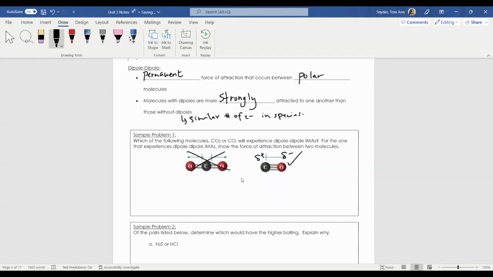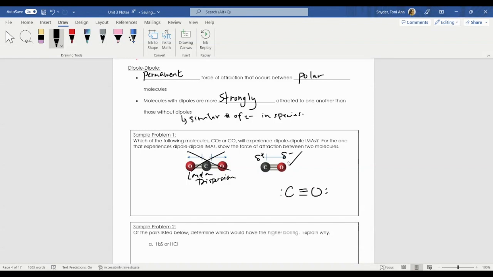Those dipoles cancel out. So carbon dioxide, because it's nonpolar, would only experience those London dispersion intermolecular forces of attraction because it could have an asymmetrical distribution of electrons. Carbon monoxide can have that too, but because it has a permanent dipole, this could attract other nearby carbon monoxide molecules.